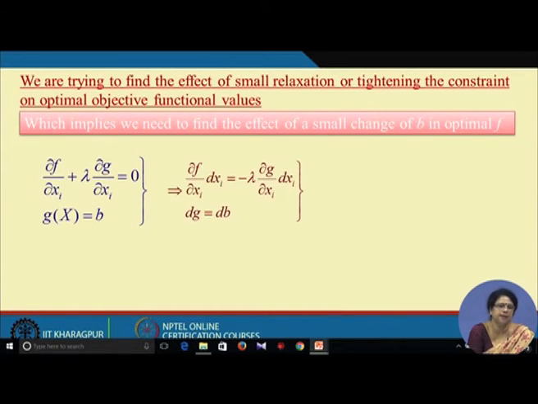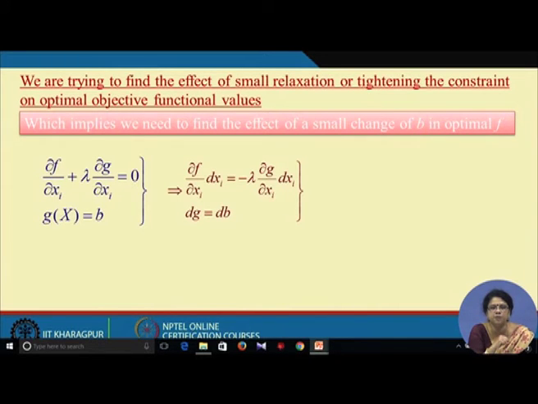You must have done sensitivity analysis for the linear programming problem. What it means is that if I reduce the feasible space a little bit, or if we extend the feasible space a little bit, how is the optimal solution affected. The objective function is the same, but we are changing only the feasible space.